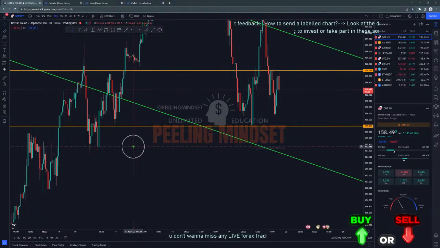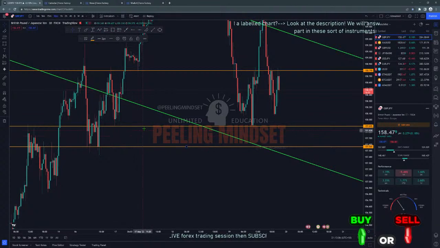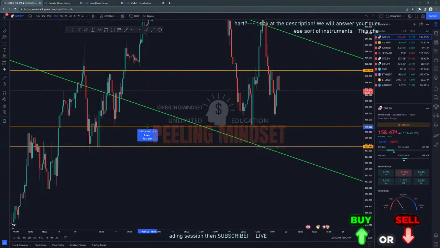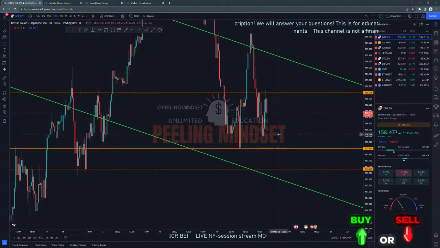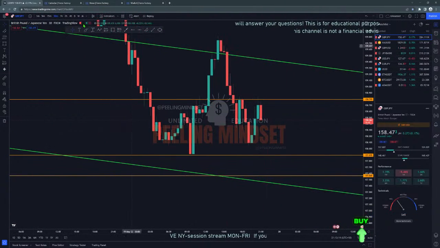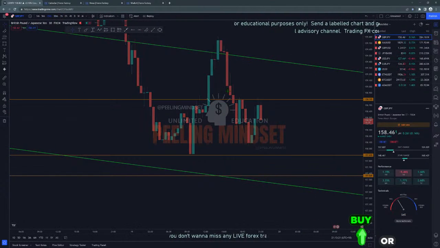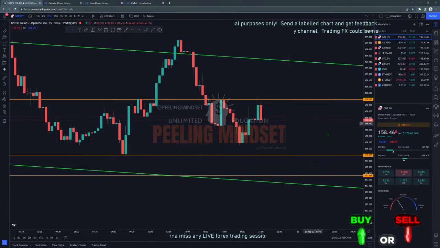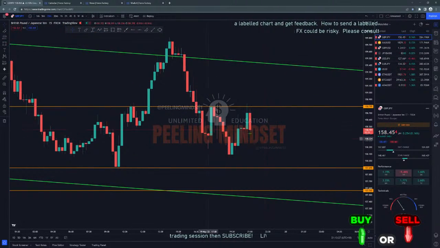Their rejection point, about 33 pips of range at the bottom. So we need some sort of resistance for a sell, that's for sure. So for buys, maybe candles closing above 158.795 could be, yeah. But the candles here are very weak.